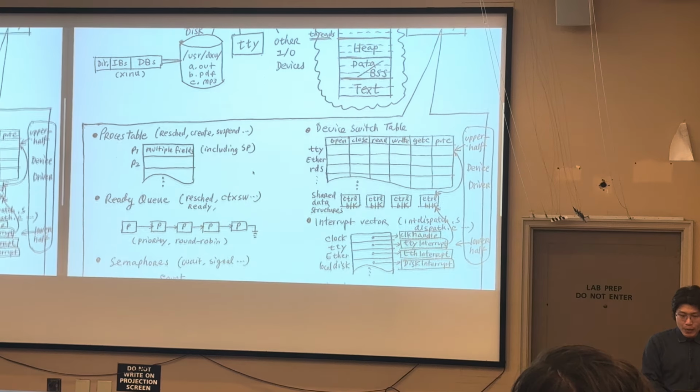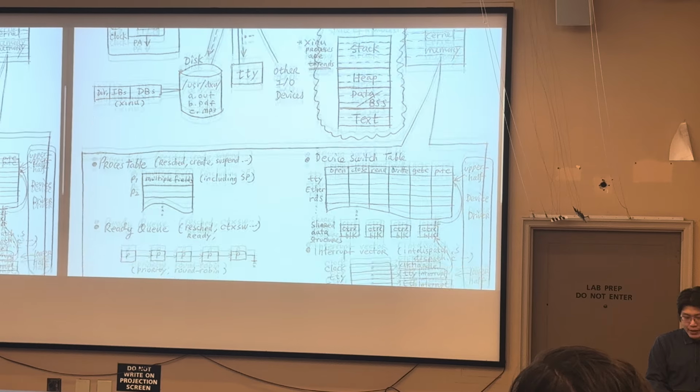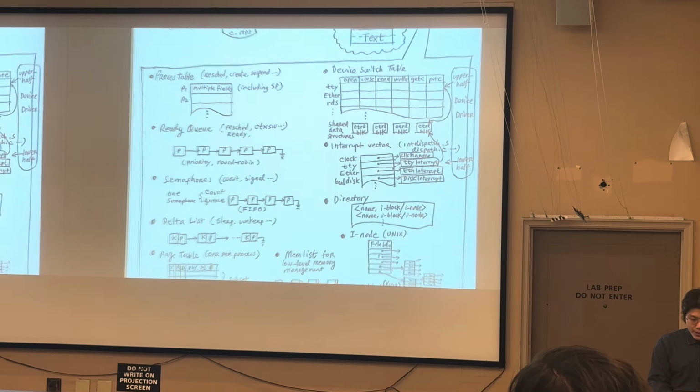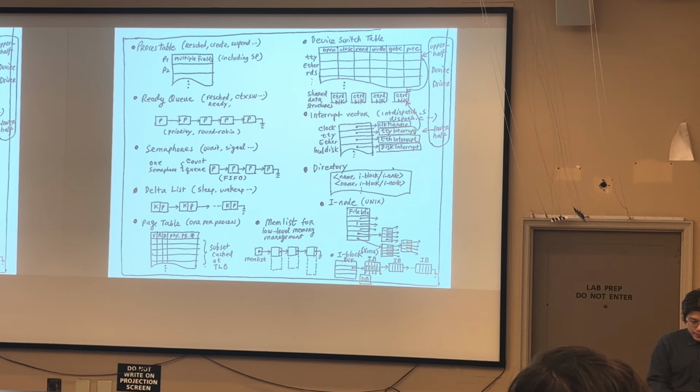All right. So this part is the memory, the data structures in memory. This is from kernel memory. We have these data structures. They're all from Xenu.